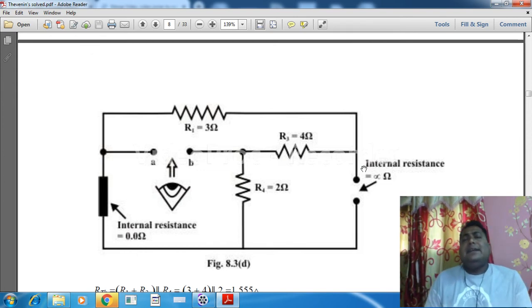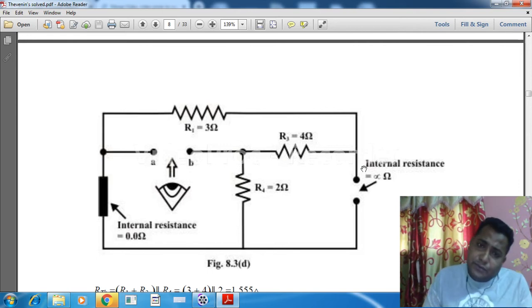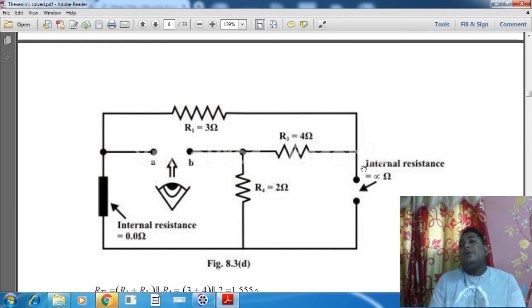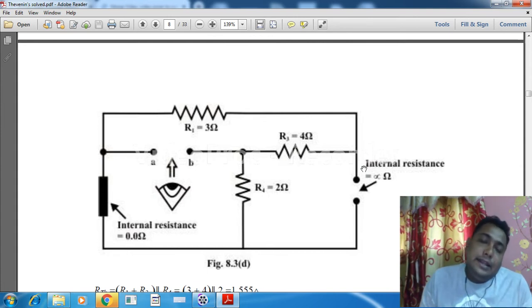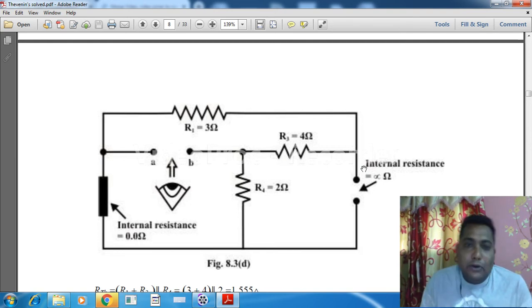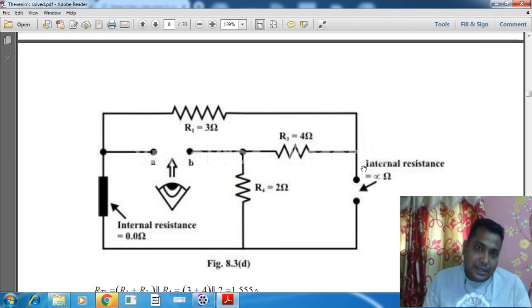If it doesn't have any internal resistance, then we have to make the terminal short. And in case of an ideal current source, if we want to remove that current source, make that terminal open, because a current source has an infinite amount of internal resistance in case of an ideal current source.